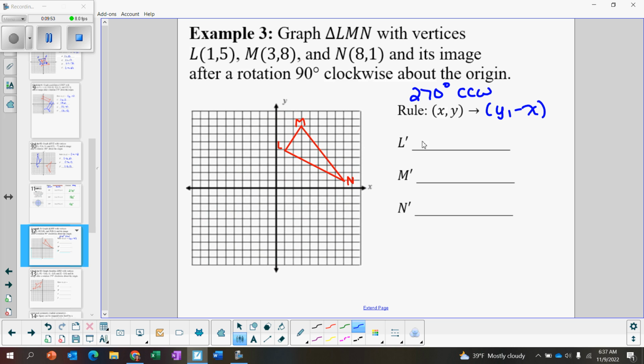So I'm going to switch them first, change the second sign, switch them first, change the second sign. That gives me (5, -1), (8, -3), and (1, -8).